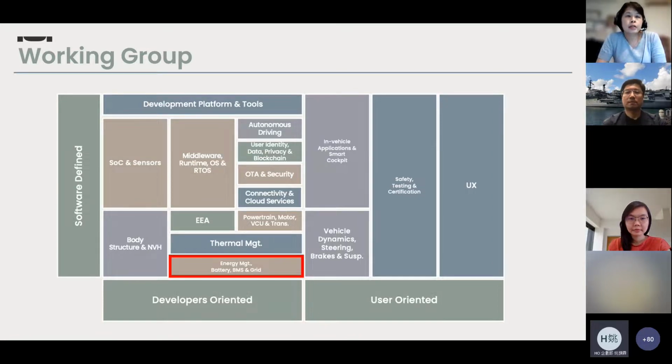The slide deck you are seeing is aligned with what Eric just introduced, the working group for MIH. I have the honor to represent Microsoft to co-chair the working group on energy management, battery, and BMS.